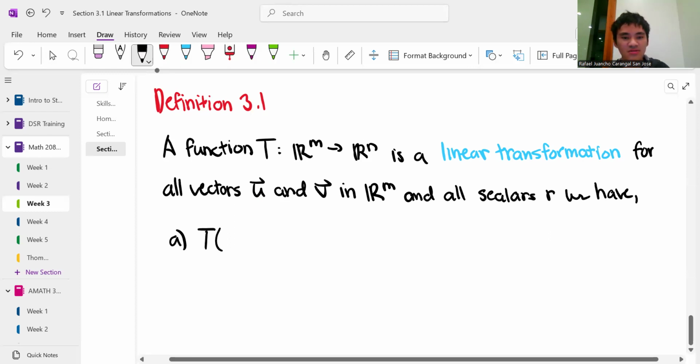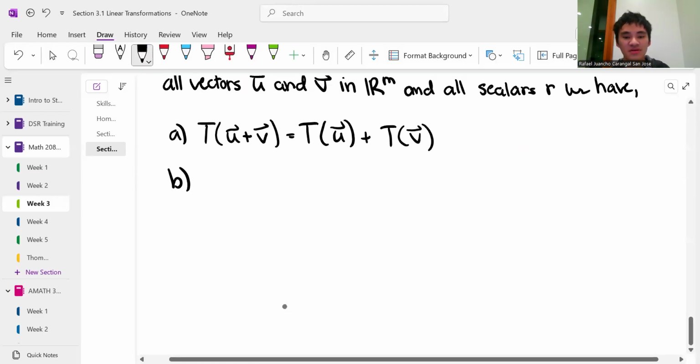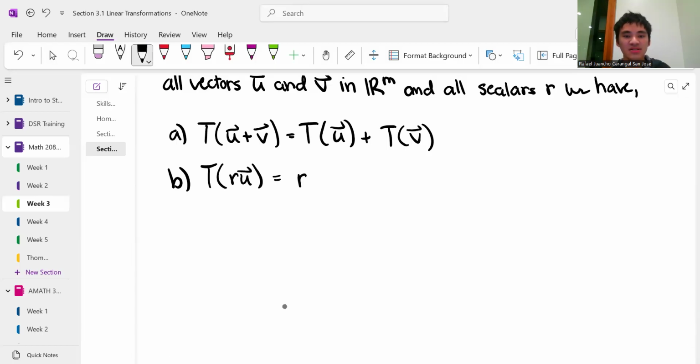When we add these two vectors and then transform them, it should be the same as transforming each vector first and then adding them. That's one property it has to meet. Another property is that we scale the vector first and then transform it, which should be the same as scaling the transformed vector. Hope that makes sense.